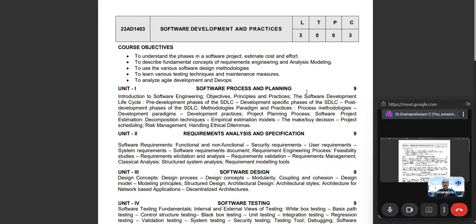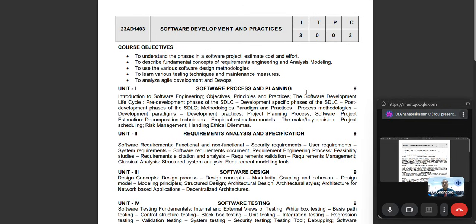And what is the coupling between one requirement and another, how to handle connectivity and coherence. These are very important when you go for software design. Design models and designing principles are also very important.